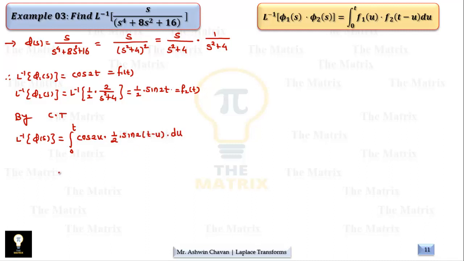This can be written as half outside, integral 0 to t, sine, take 2 inside, so it is 2t minus 2u, into cos of 2u du.